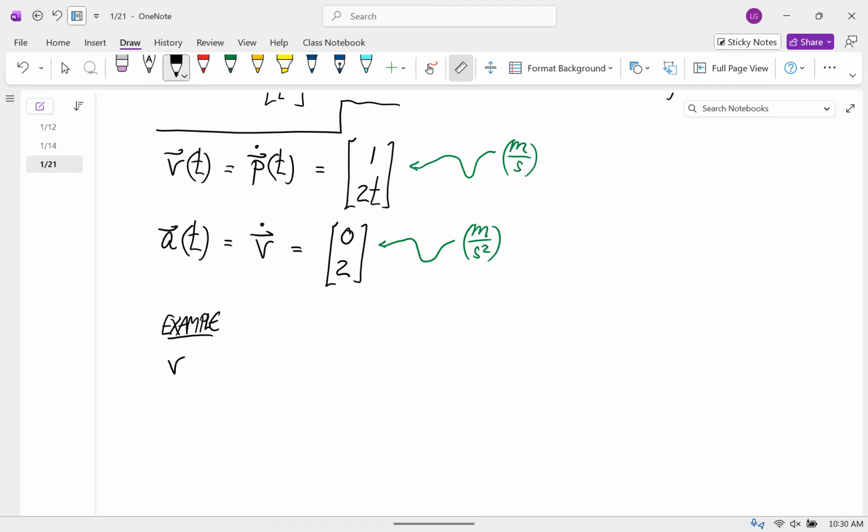Okay, so now for this one, we have velocity as a function of time is equal to t squared cosine t. And say again that this is in SI units.